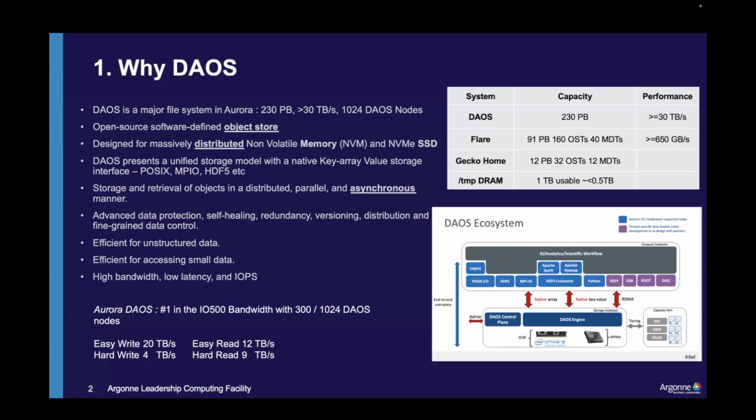And if there is some metadata access, all of the tiny data is stored on the DRAM. So your metadata is really fast for most Python-related applications. We were able to get around 20 terabytes per second with just 300 out of the 1024 DAOS nodes. So these are real numbers, and we have DAOS running, and we have active users currently using DAOS.